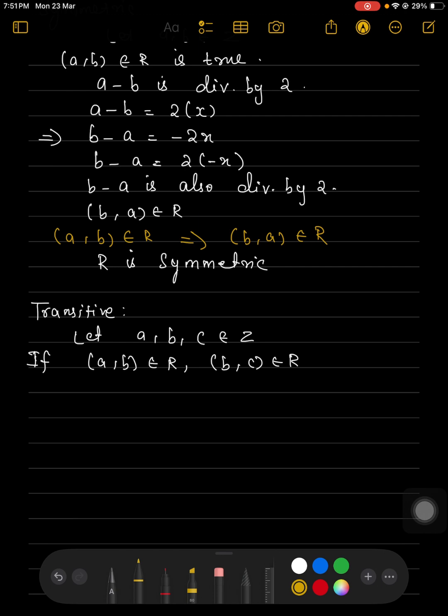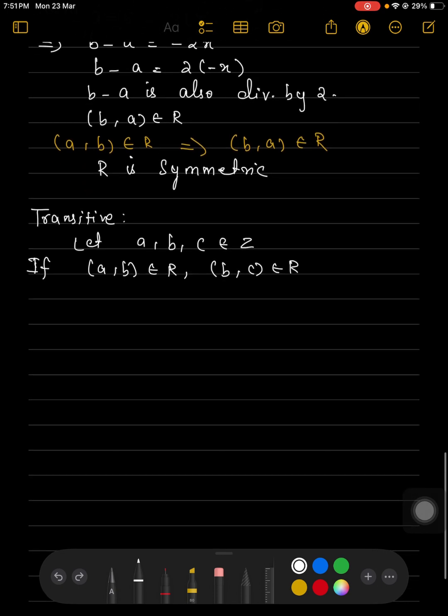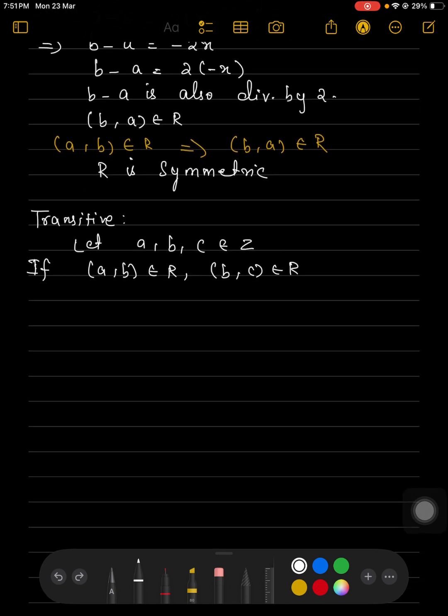So (a, b) in relation and (b, c) in relation means they have already satisfied all the conditions needed for the relation. So a minus b is divisible by 2, as well as b minus c is divisible by 2.